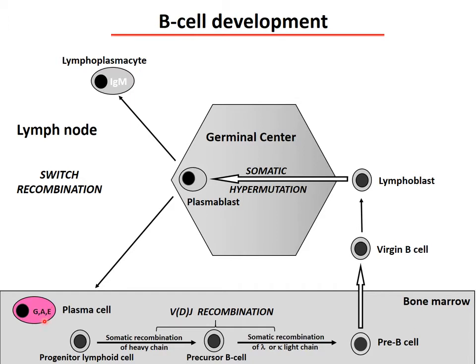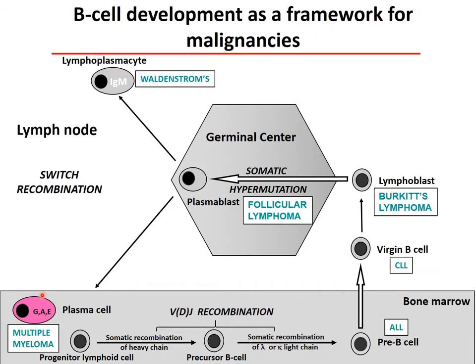Now, when we have disorders of these cells, first of all, in an early stage, when the pre-B cells are affected and suffer a multi-step mutation, this is how acute lymphoid leukemia develops. When you have almost mature B cells, that's the origin of chronic lymphocytic leukemias.